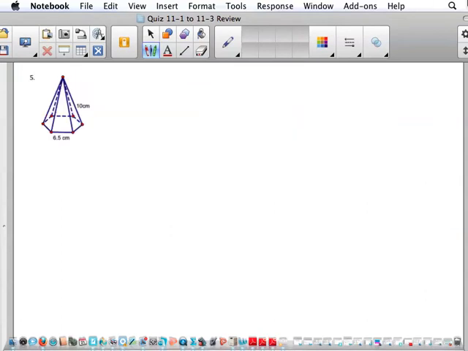Next, I have a hexagonal pyramid. Okay, remember the formula changes here a little bit. For the pyramid, the lateral area is equal to 1/2 the perimeter times the slant height. This one's a little tricky because you're given that 10 centimeters, but that's not really the slant height. That's an edge length.